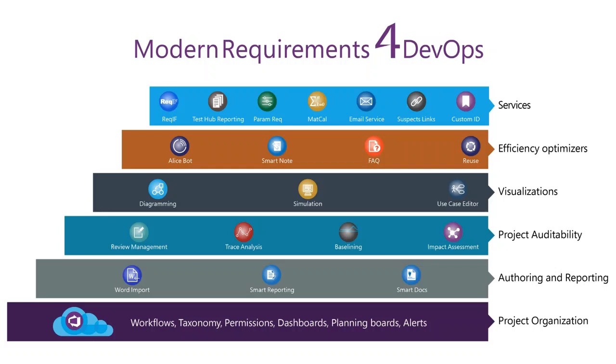And then there are many layers of functionality that our clients choose to implement as their needs dictate. The most popular requests that we get from clients are smart reporting, trace analysis, and the word-like authoring that is provided in SmartDocs.